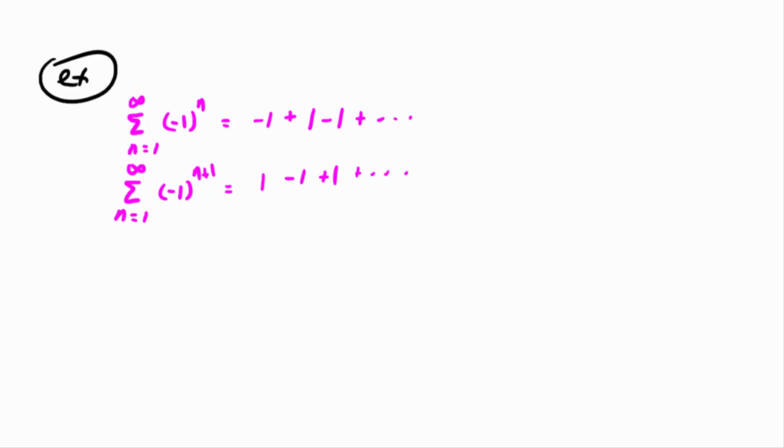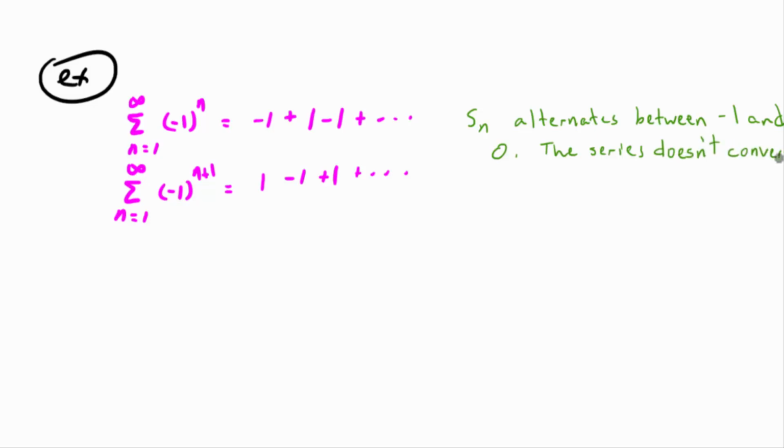So it looks to me like the sum S sub n alternates, depending on the n, between negative 1 and 0. So it doesn't converge. The series doesn't converge. Does that make sense to you?